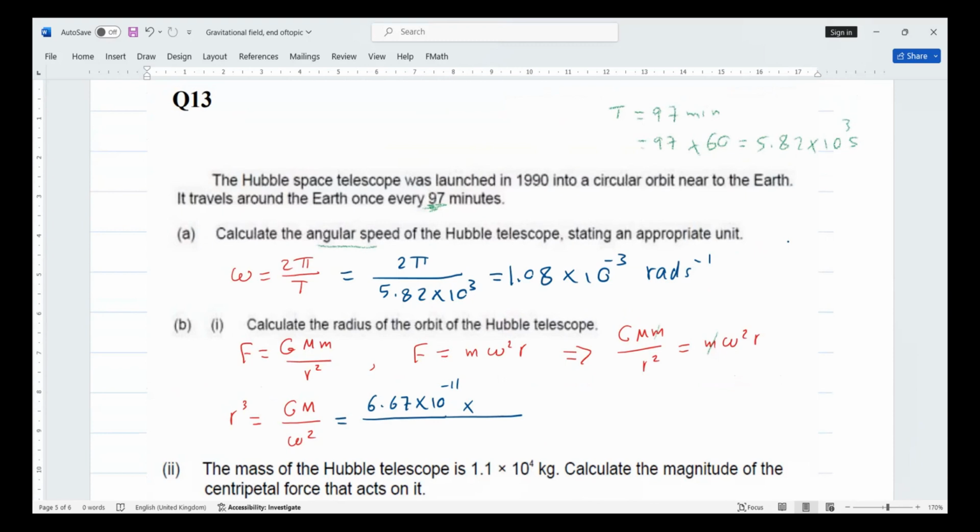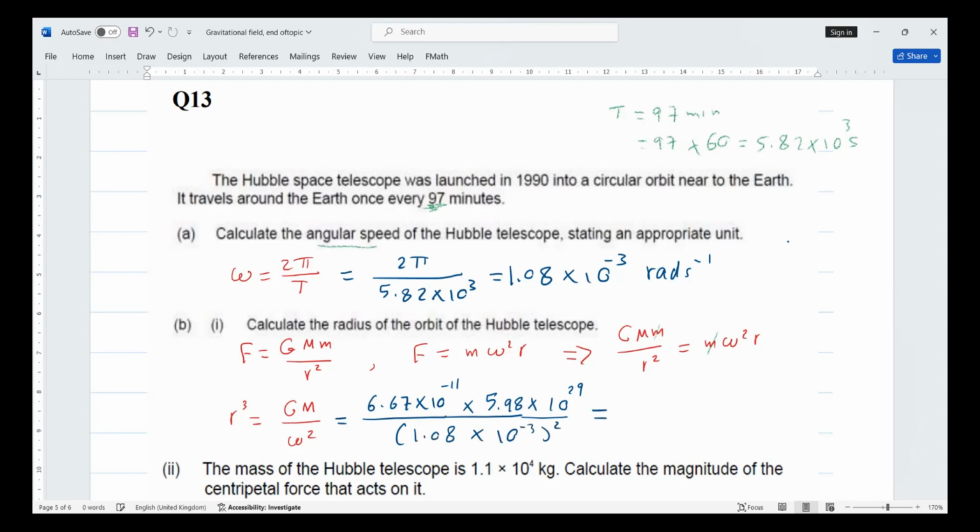It's 5.98 multiply 10 to the power 29, divided by omega squared. Omega is 1.08 multiply 10 power negative 3, squared.